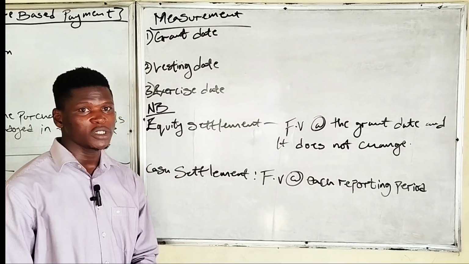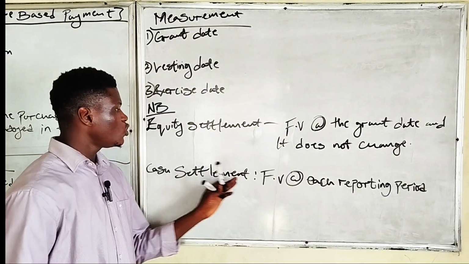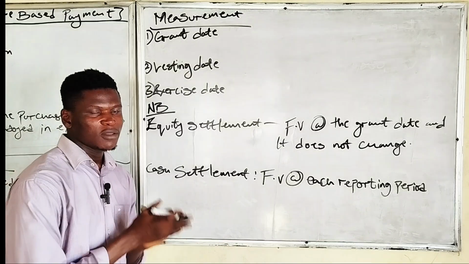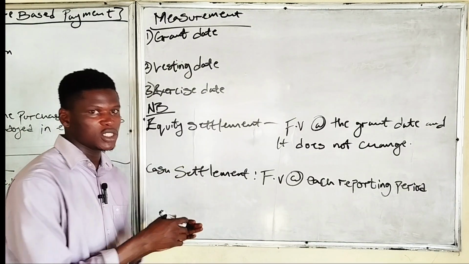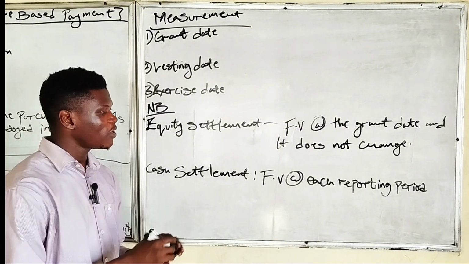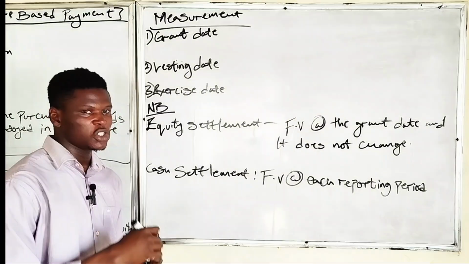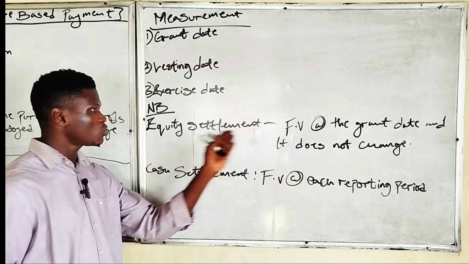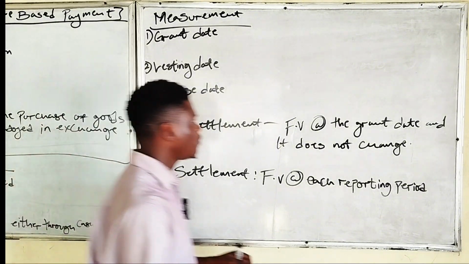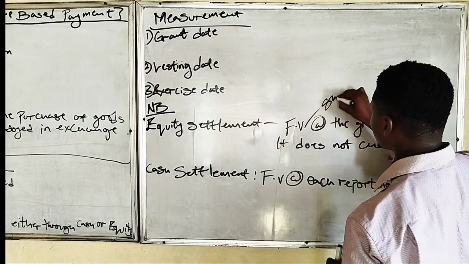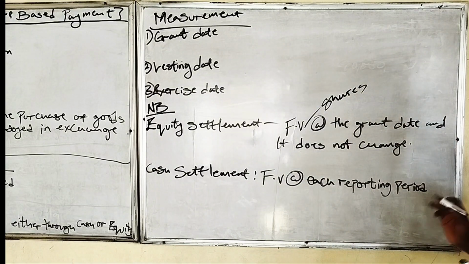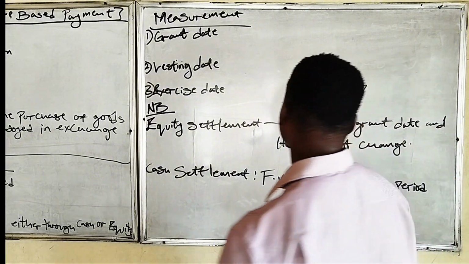Now this year it may have increased or decreased. So we use the fair value at each reporting period, meaning that we're using the fair value as at December 30th, 2018 to value our shares under cash settlement for that same period. While for equity settlement, we use the fair value of shares at the grant date and it does not change. So this is fair value of shares at each reporting period. So that's for that. Then for the disclosure requirements now.